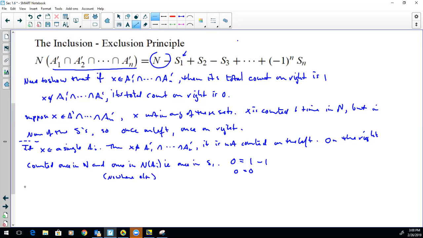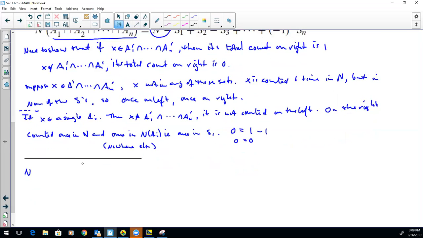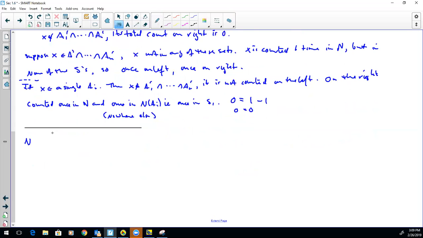Okay. So now comes the tricky part, looking at the general case here. So now let us suppose that X is in R number of these N number of sets.